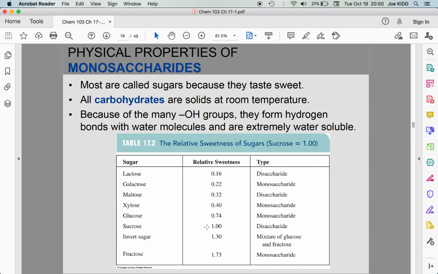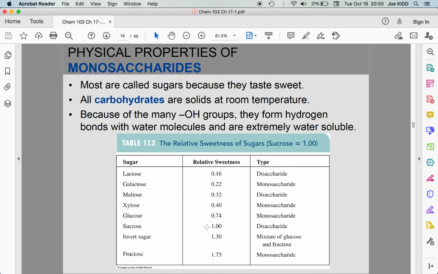Monosaccharides, carbohydrates in general, are often called sugars because they taste sweet. All carbohydrates are going to be solids at room temperature. So we have compounds that have lots of carbon and lots of hydroxyl groups.